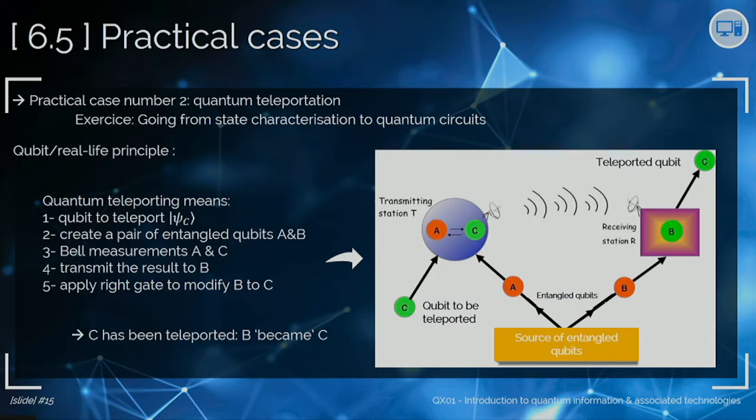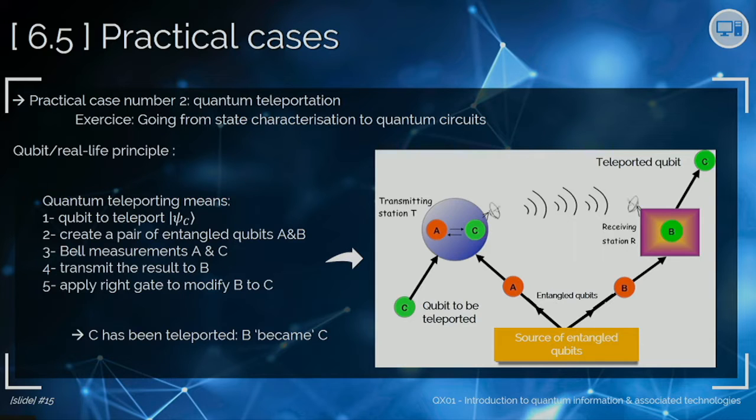Then you make a so-called Bell measurement between A, one of the 2 entangled qubits, and C. You will get a specific result. That is a measurement, so it's a classical result.